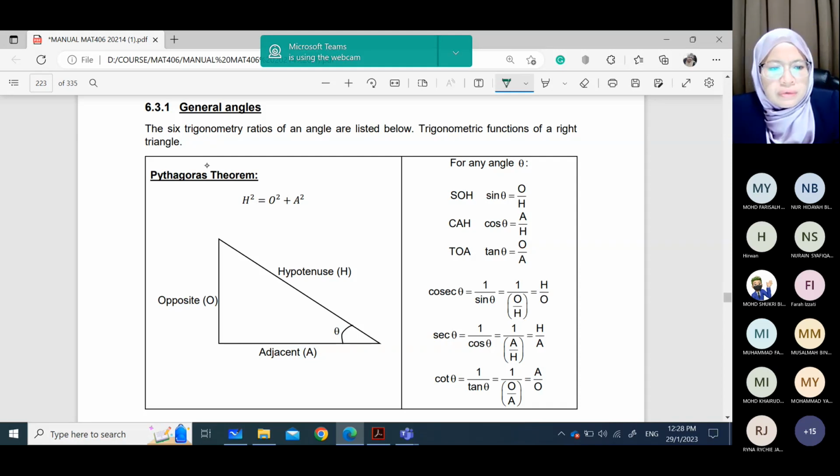Trigonometric functions of a right triangle. Okay, so untuk trigonometric, it is actually based on right angle triangle, so segitiga yang bersudut tegak 90 darjah. Okay, so untuk trigonometric, it is based on theorem Pythagoras, which is h squared equals o squared plus a squared. So apa h? H is hypotenuse, hypotenuse length yang paling panjang lah.